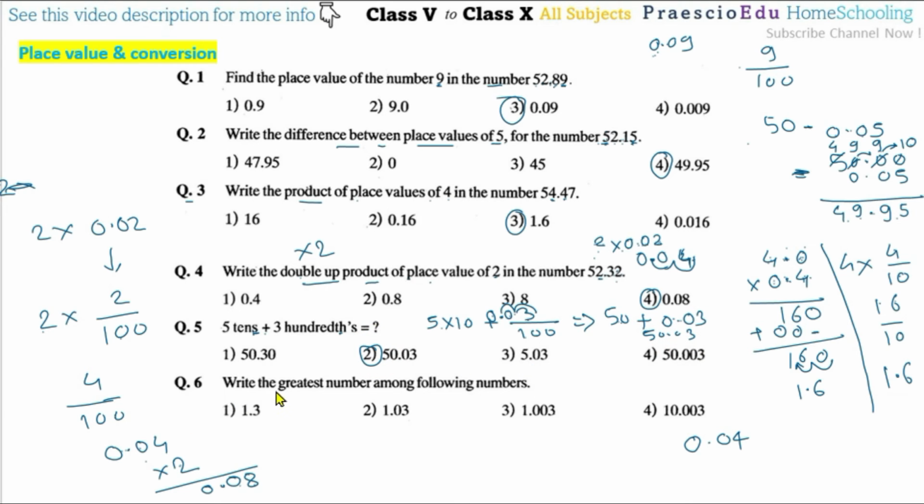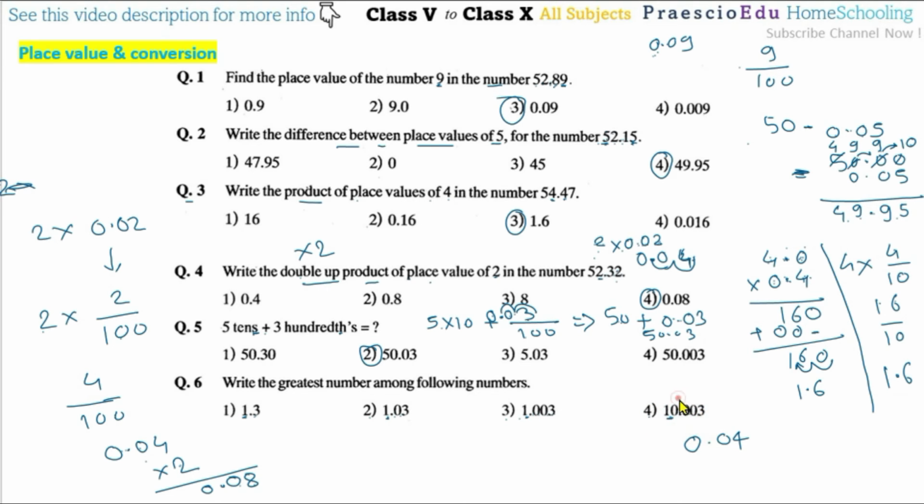Now question number 6, write the greatest number among the following. Now the greatest number: here in option number 1, 1.3, so the unit place has only the 1. Now option number 2, 1.03 means only the 1 is there at the unit place. Now option number 3, 1.003, here also the 1 is there, but option number 4, here the 10 is there, 10.003.